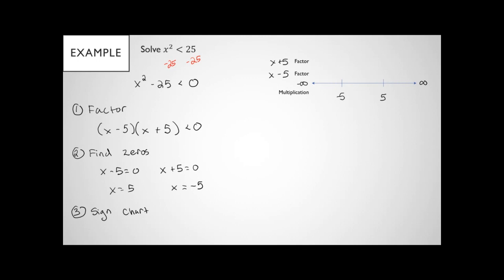And now I need to do my vertical lines. So this is a less than symbol. So less than means we're going to have a dotted or dashed line. So both of these, I'm going to put dashed lines because this means 0 is not included.